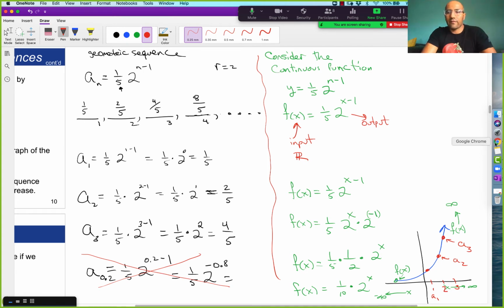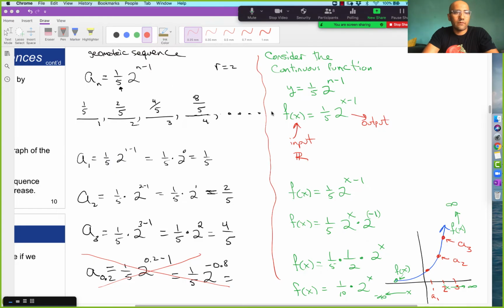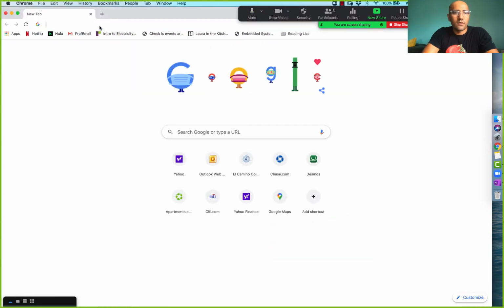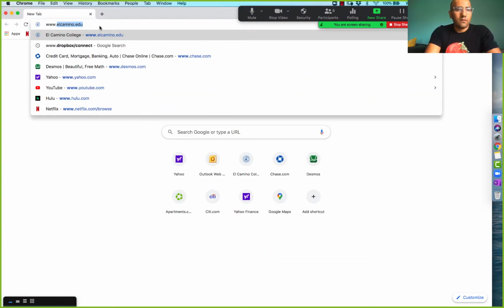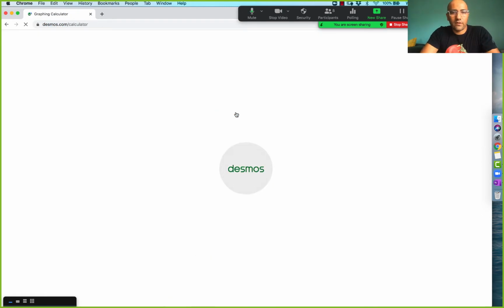Let's graph it with Desmos. It's bound to be better than my graphs. Let's get rid of all of these things. Desmos, graphing calculator.